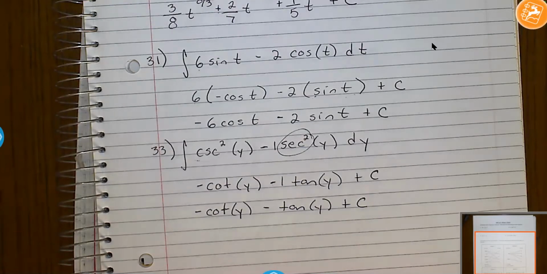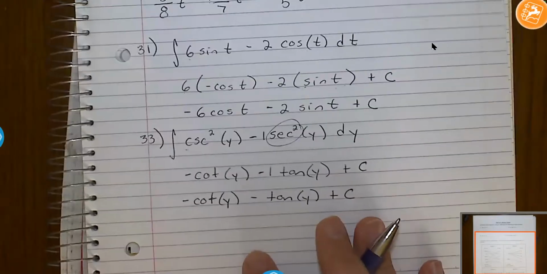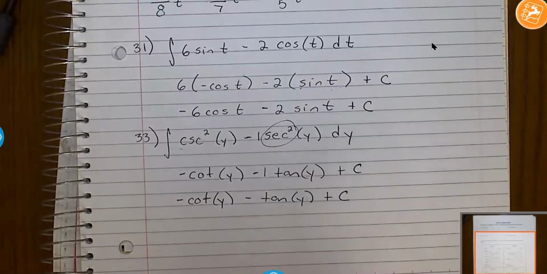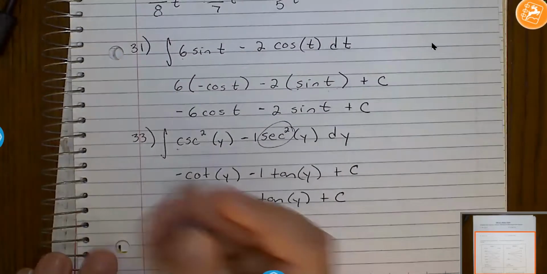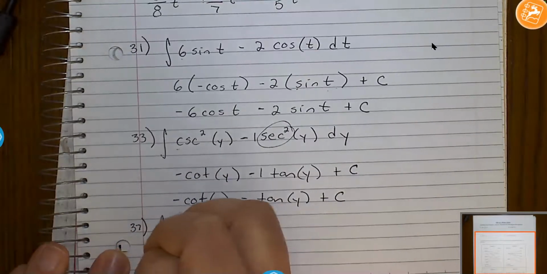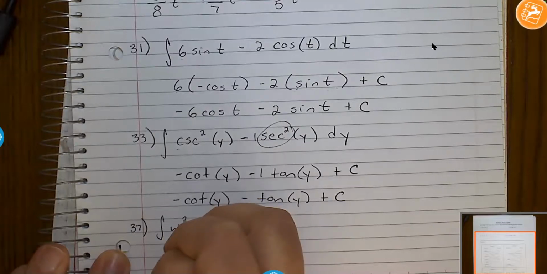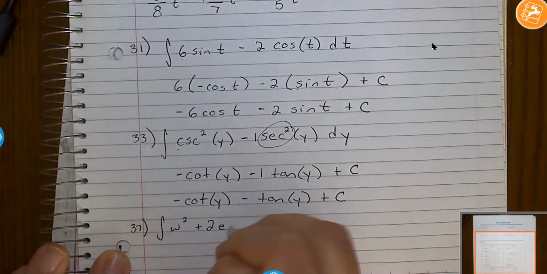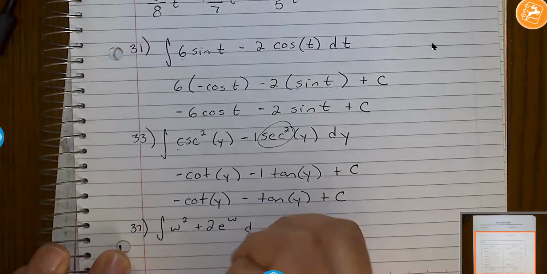Now moving on to the last problem, number 37. Pretty straightforward, pretty easy. 37, we have the integration of w squared plus 2e to the w dw.